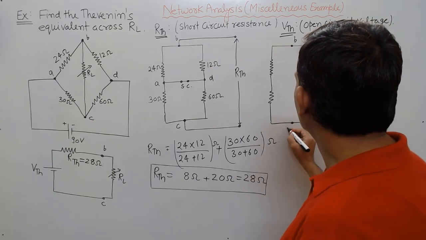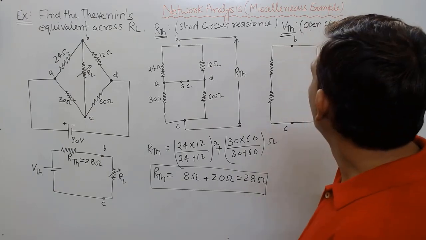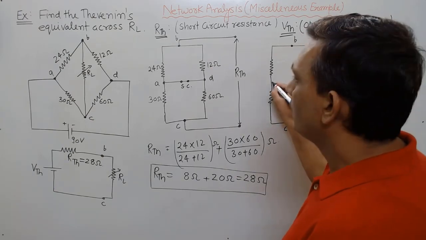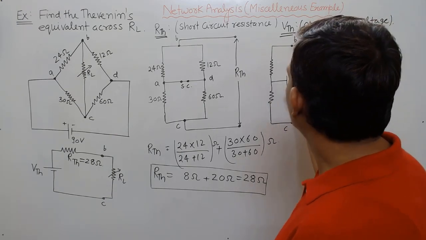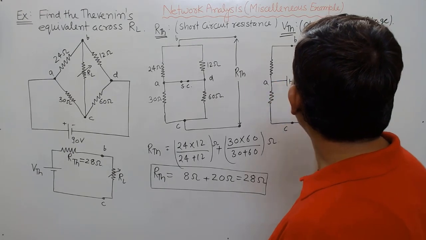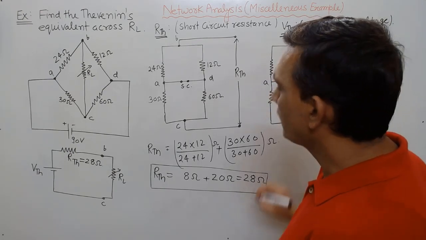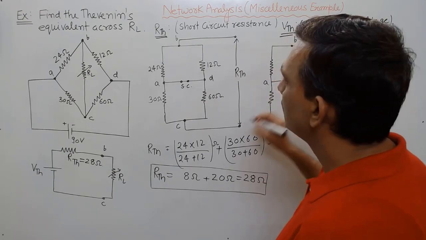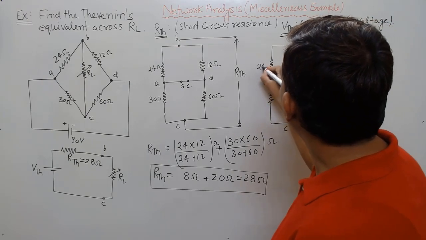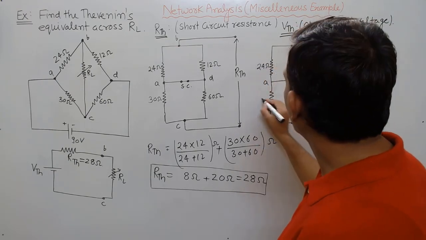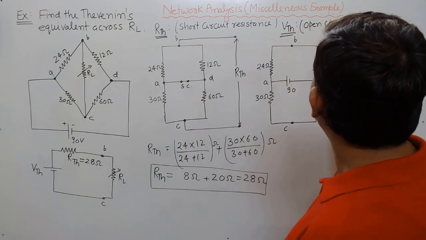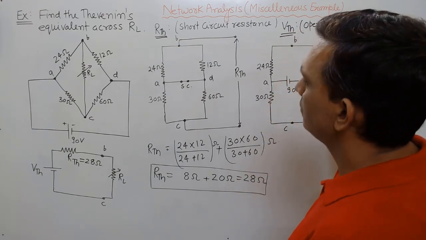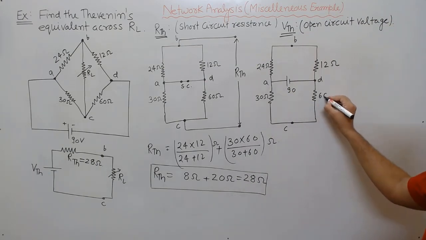This is C, and A and D are connected with the 90 volt. This will be 24 ohms. This is 30 ohms. This will be 12 ohm. And this is 60 ohm.